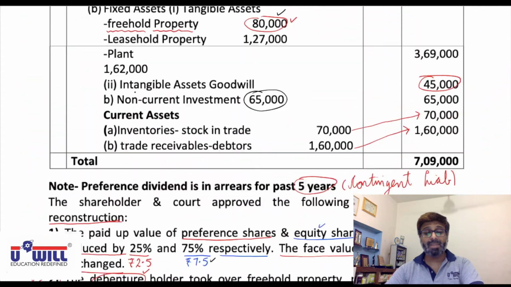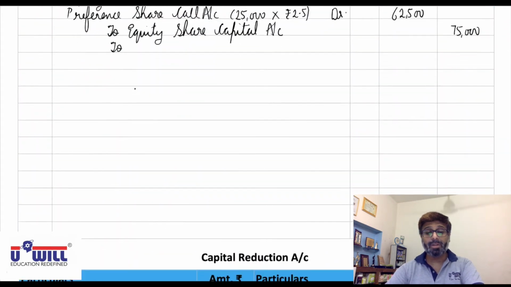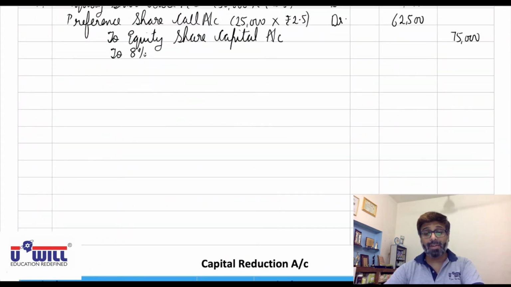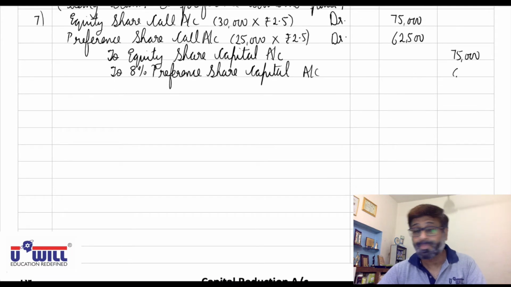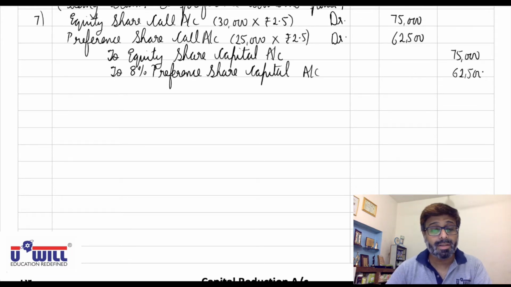So 8% preference share capital account 62,500. Okay, for calling the money when the call money becomes due, share call account debit to share capital account. This is the first entry we would pass. Let us write a short and simple narration: being call money due.